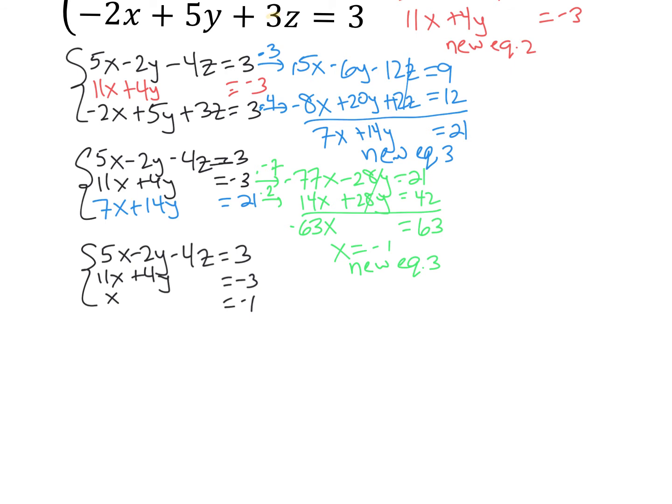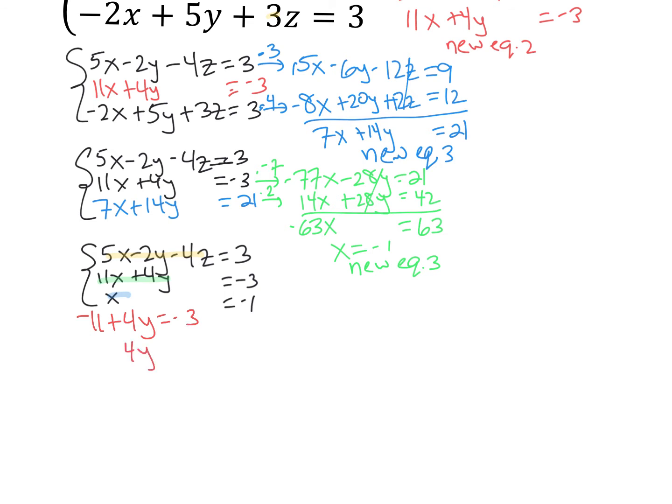So now that we have 3 unknowns, 2 unknowns, and 1 unknown, we can use back substitution to find our 2 remaining variables. So when we plug x equals negative 1 into equation 2, we'll have negative 11 plus 4y equals negative 3.